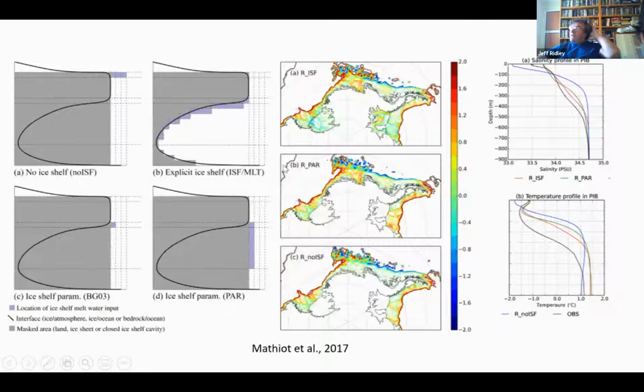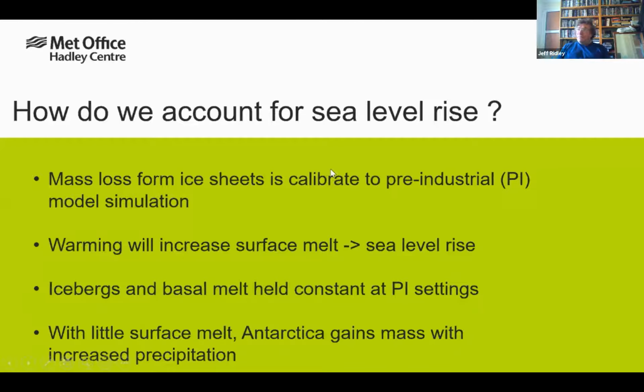So how do we account for sea level rise at the moment? The mass loss for ice sheets is calibrated to pre-industrial.